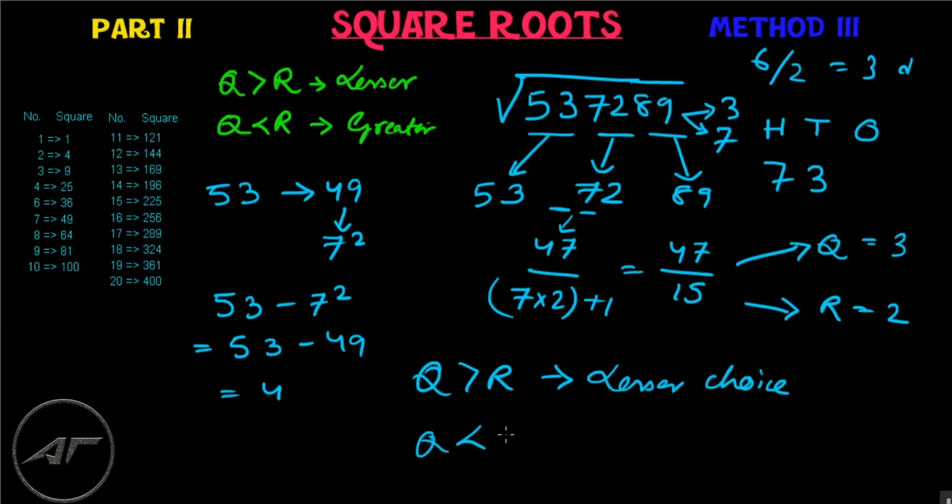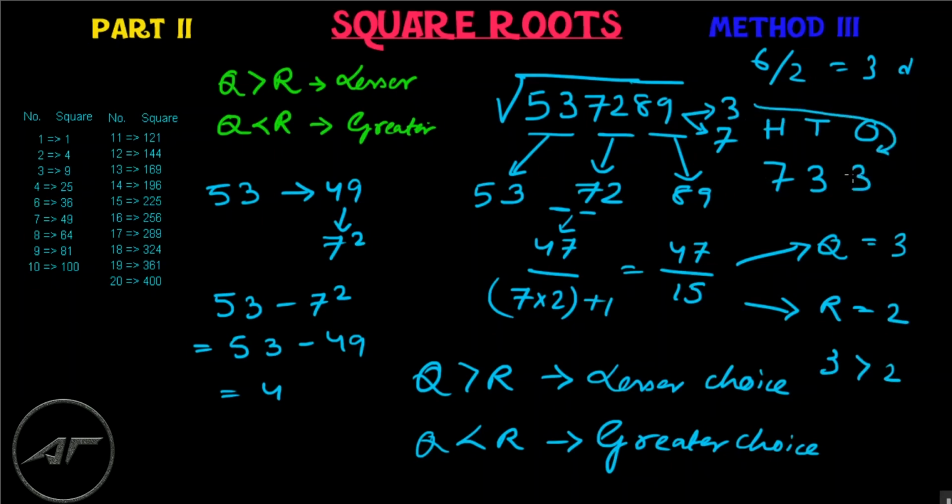If the quotient is less than the remainder, we choose the greater choice. Here the quotient is greater than the remainder, 3 is greater than 2, therefore we will choose the lesser of the choices, that is 3. Therefore 3 comes here and our square root is 733.